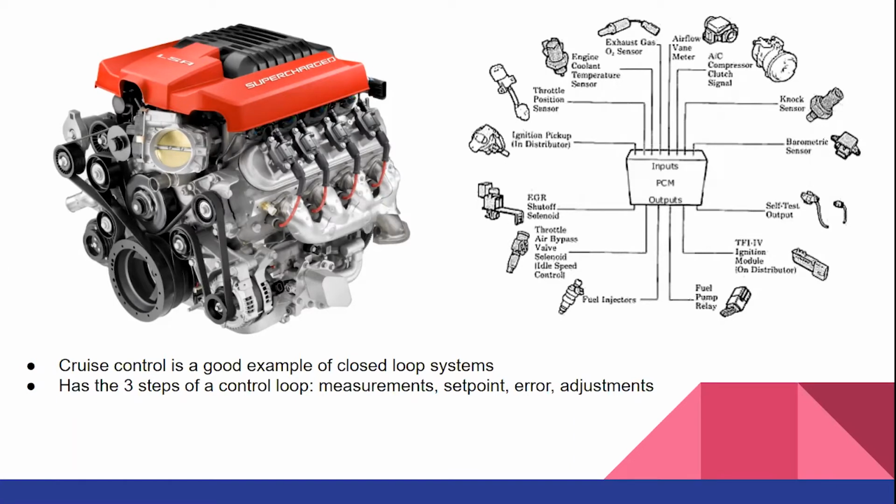So let's say your desired speed is 65 miles per hour, but you come on the hill, and using the same number of cranks to go 65 miles per hour, it brings you down like 5 miles per hour. So you go to 60. Then the engine would calculate this and say, okay, we need to crank a little faster, and regulate the throttle, which would be the process variable in this case.